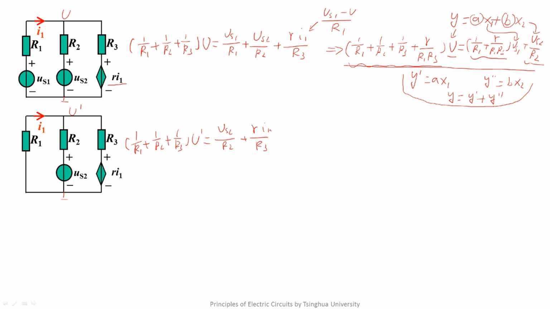The I1 here equals minus U prime over R1. By putting the equation in order, we get that 1 over R1 plus 1 over R2 plus 1 over R3 plus R over R1 R3 times U prime equals US2 over R2. You see, the equation is satisfactory. It means b times x2.